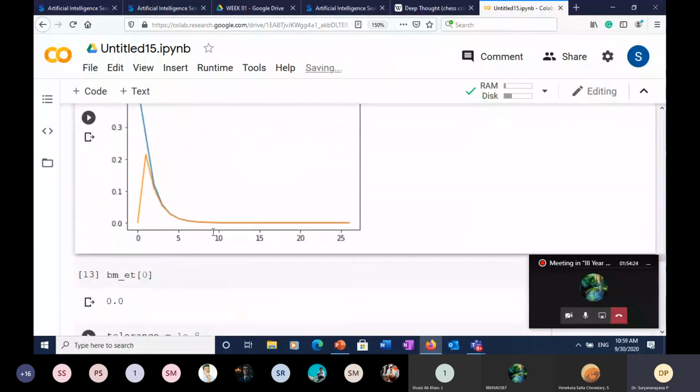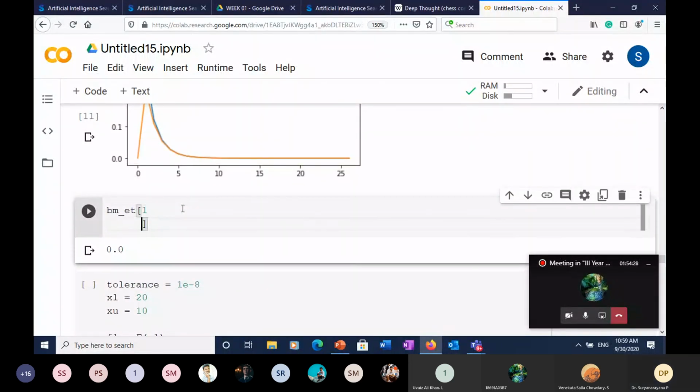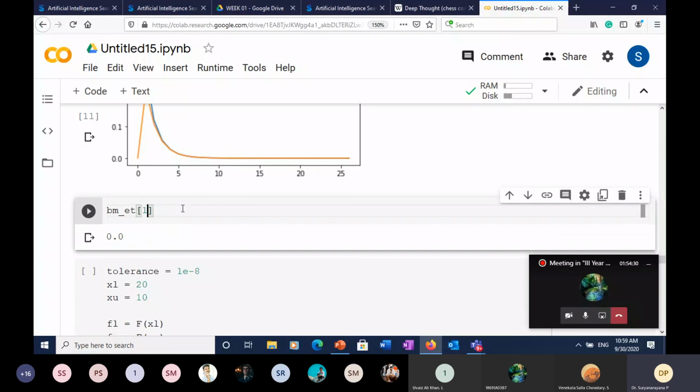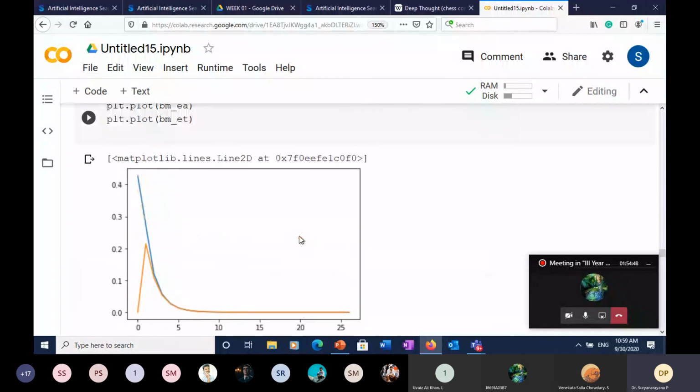Each of them has an index. For example, if I say 1 to 10, it gives me those indices at those locations. And in Python, the locations start from 0. So that's why it is 0, and we get that.